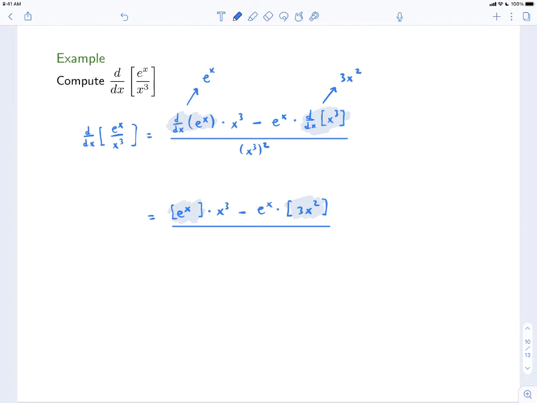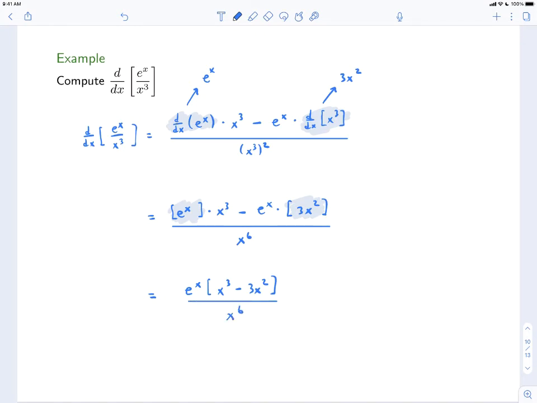If you have an exponent raised to an exponent, then you multiply the exponents together, so that's x to the 6. And in this one, we can factor out the e to the x, and we'll have e to the x times x cubed minus 3x squared divided by x to the 6.